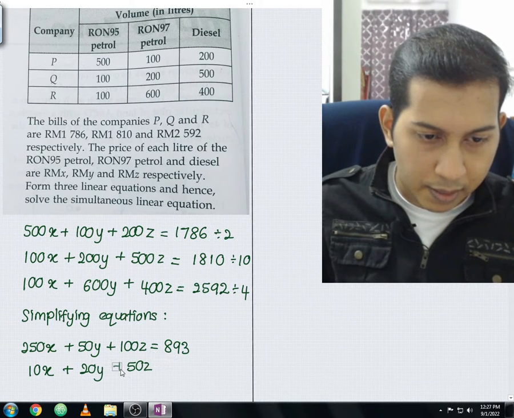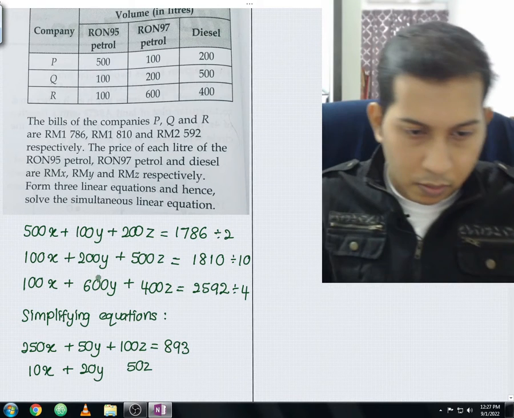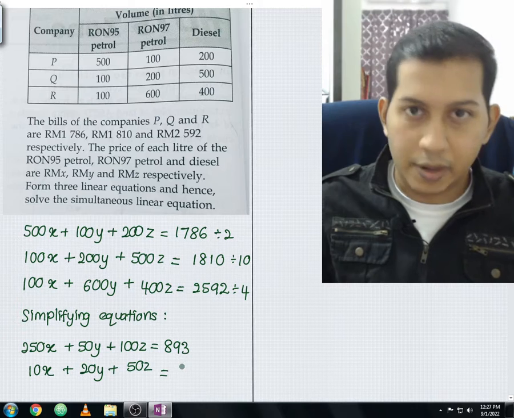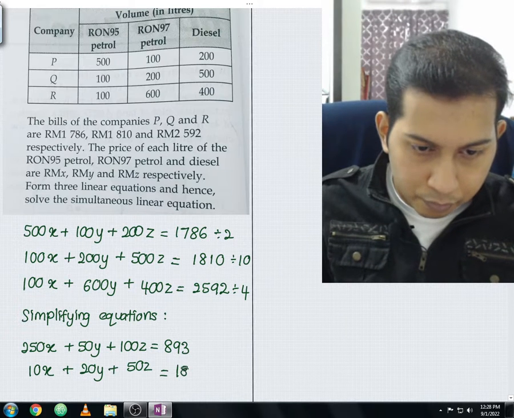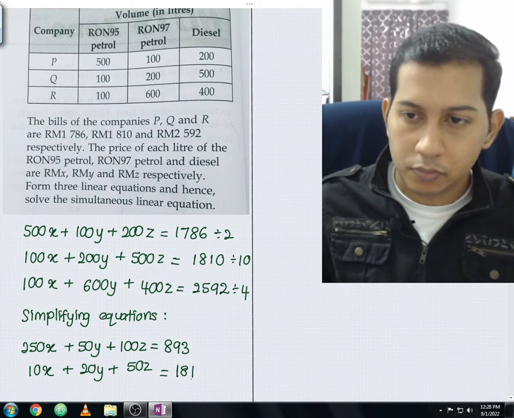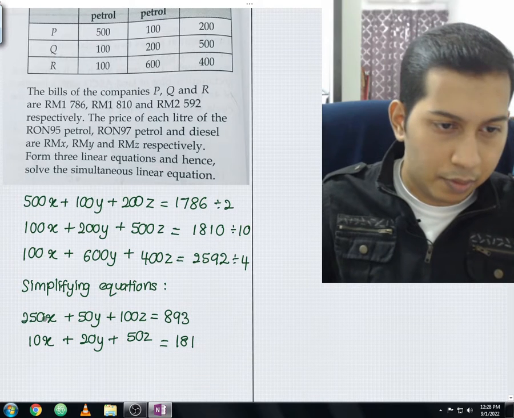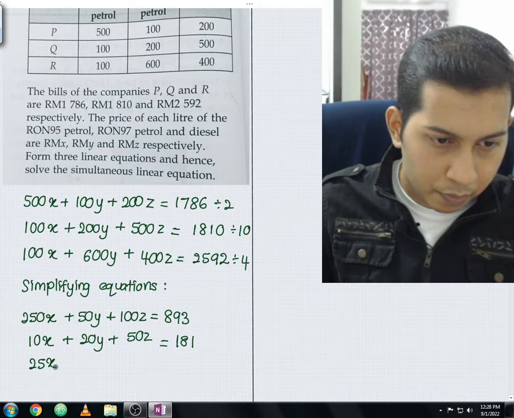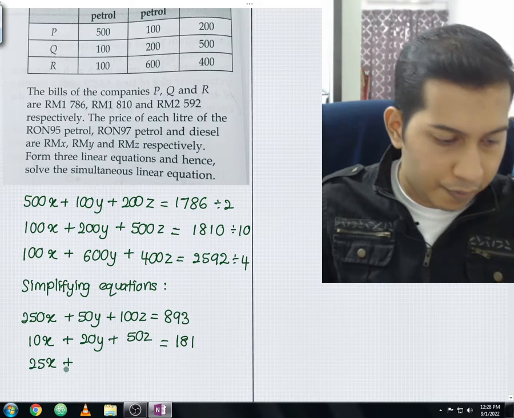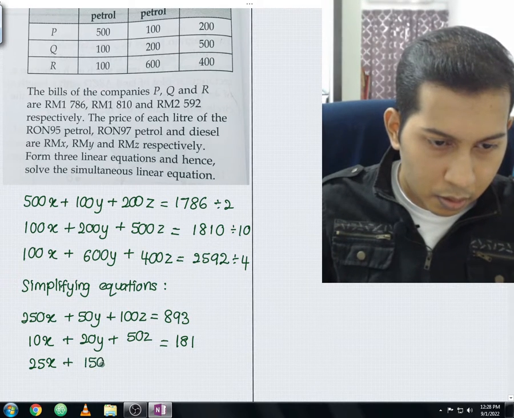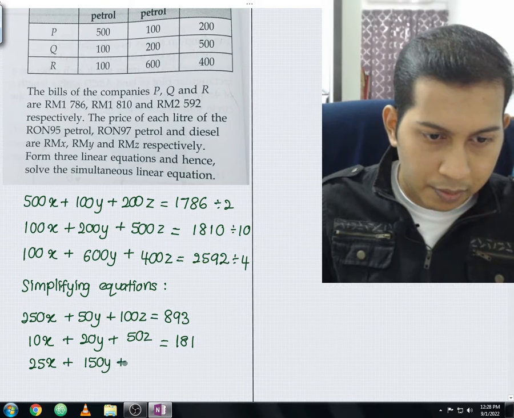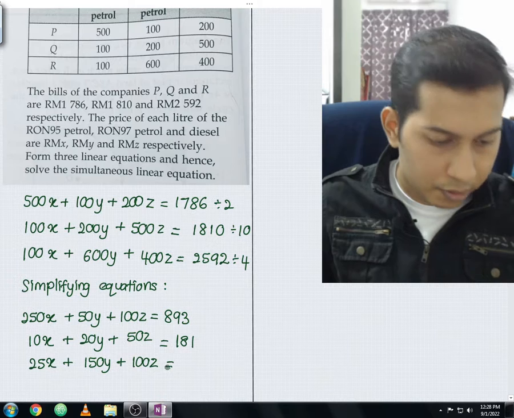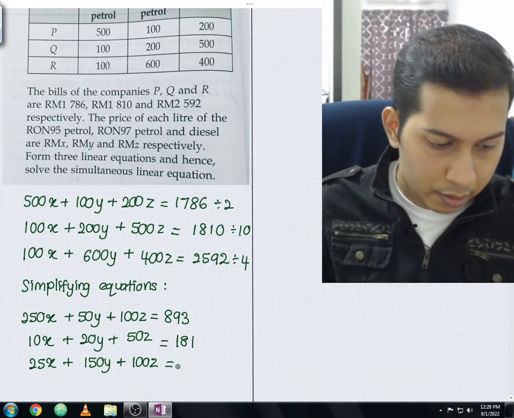Let me write the plus properly. You should get equals to 181. And for the third equation, it will be 25X plus with 150Y plus with 100Z. You should get equals to 648.